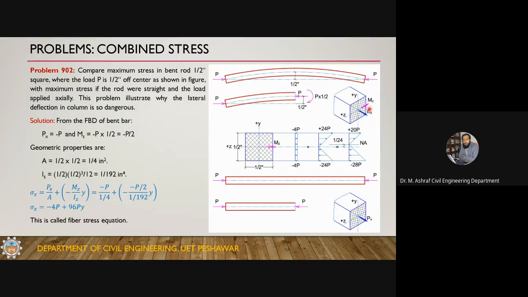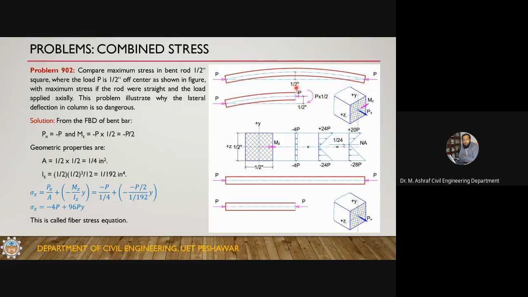And there is a moment about z-axis. The moment about z-axis here, if you use the fingers of your right hand and rotate them in the direction of the moment, your thumb will point in the negative z direction. So this is a negative moment. As per the sign convention, this is also a negative moment.